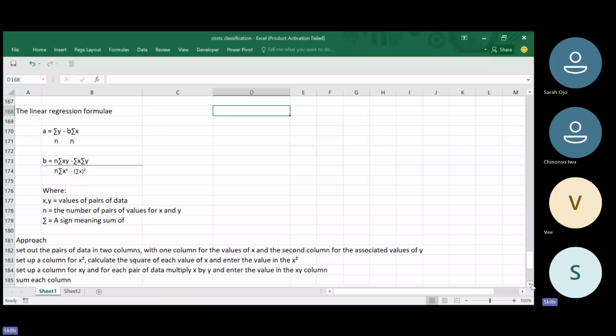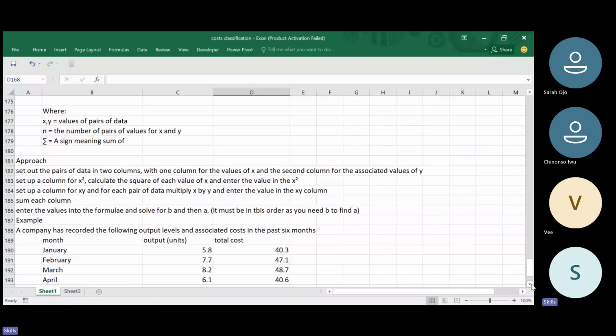So how to approach such questions? Set out the pairs of data in columns. Before you start solving, set out the pairs of data in columns, with one column for values of x and the second column for associated values of y. Then a column for x squared.